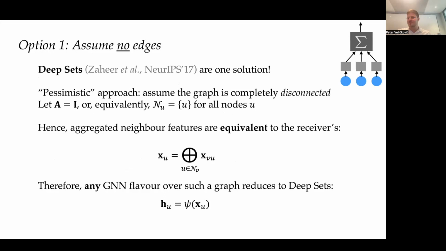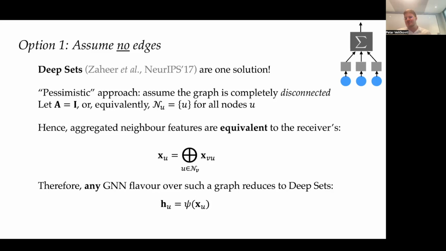So if no edges are given to us, we just go pessimistically and assume our graph is completely disconnected. So we let our adjacency matrix equal the identity matrix, or equivalently, the neighborhood for every single node u is just the node u itself.